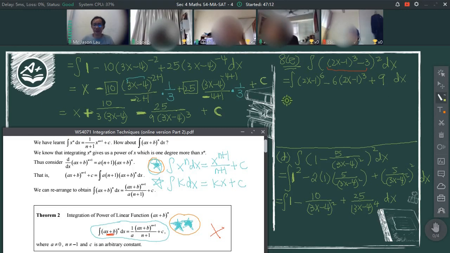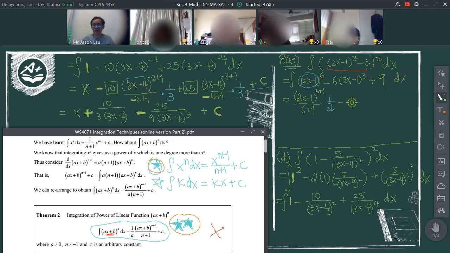Okay. Then after that, every term is ready, we can integrate. So we integrate the power 6 plus 1 over 6 plus 1. Then chain rule is half, is 2, reverse it.